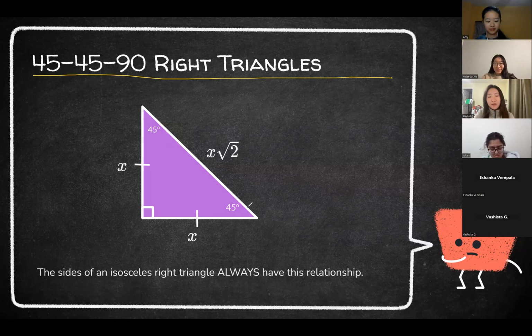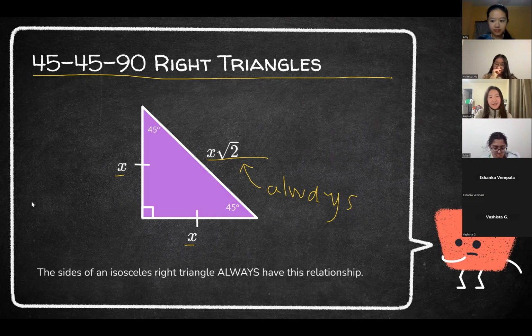So if we label the legs, which are equal, as x, then we know that the hypotenuse is x times the square root of 2. So you can derive this just using the Pythagorean theorem, but I think you guys are good at that, so we can just skip over that part. But yes, always, it's like that. So let's see an example.